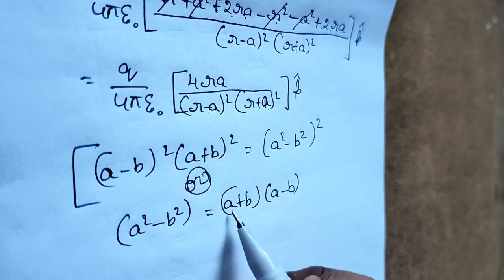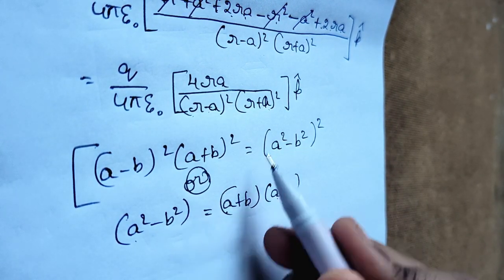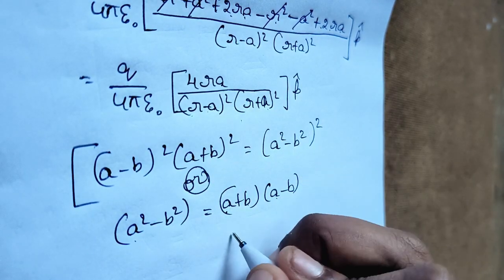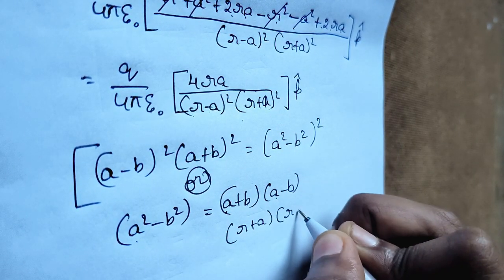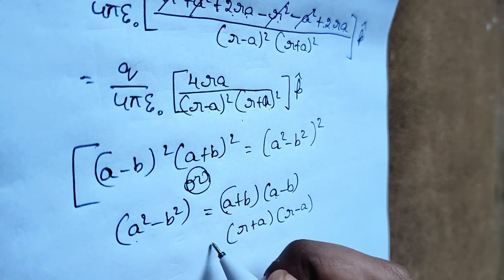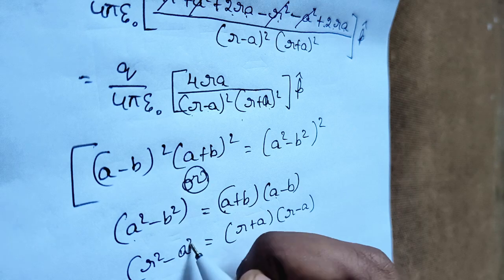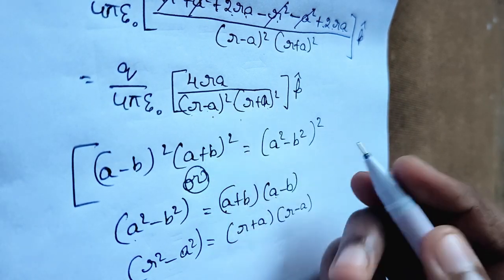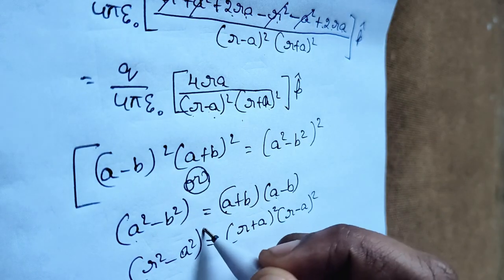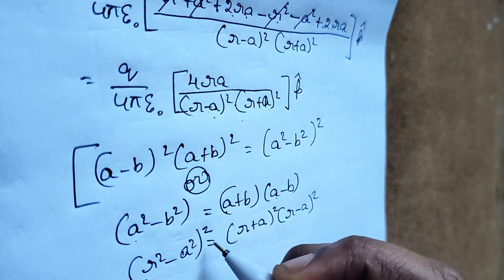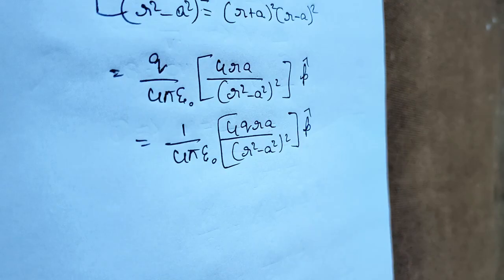This we all know. Here we have r plus a into r minus a, which we can write as r square minus a square. But here we have (r plus a) whole square, (r minus a) whole square, so I will take this one as whole square. Okay, this is the formula here.